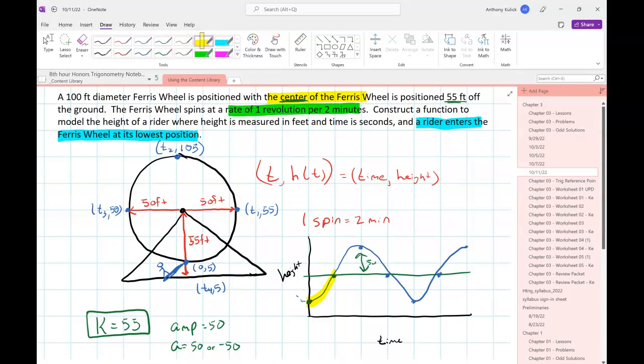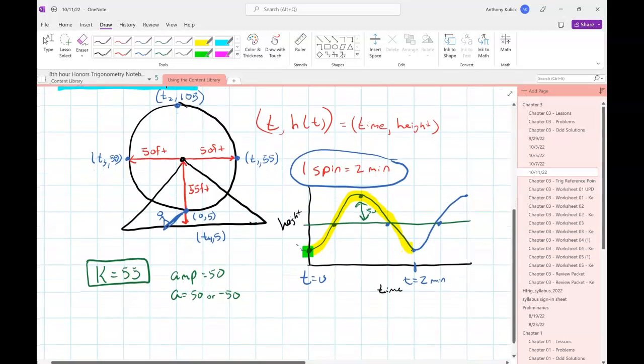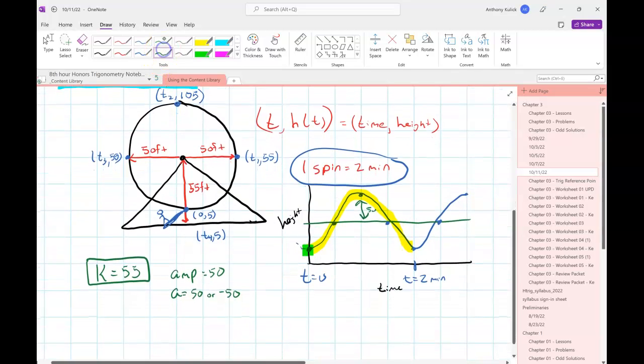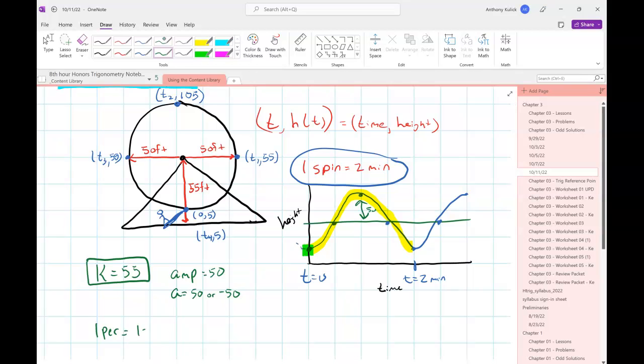So this much was a period, right? So we started here at time 0, and we end here at what time? Two minutes. Because I know one spin is 2 minutes. Aha, that's how we were going to need to use that. We wrote it down. We weren't sure what to do with that. That's going to give me my period. So I know then that 1 period is equal to 1 spin.